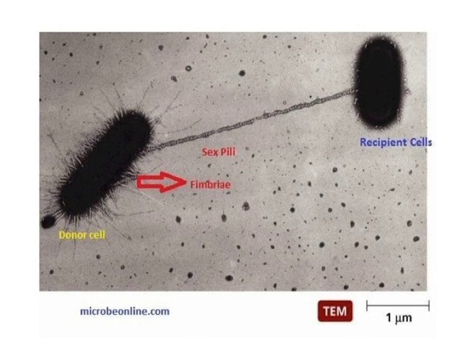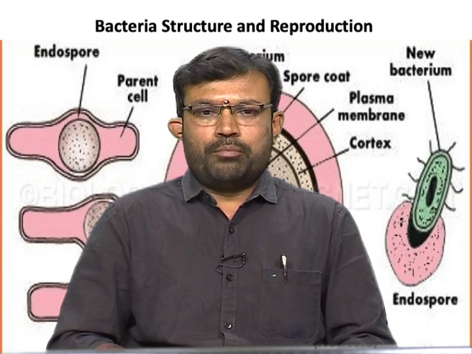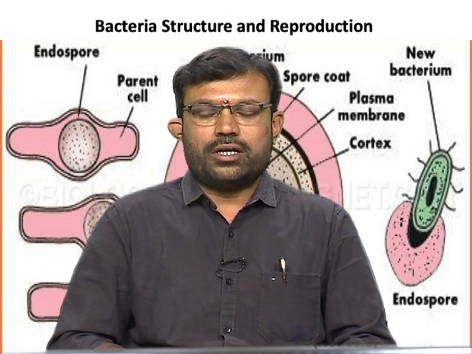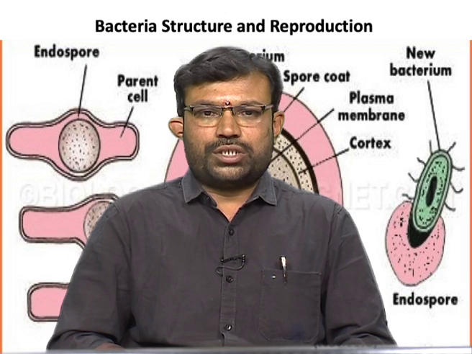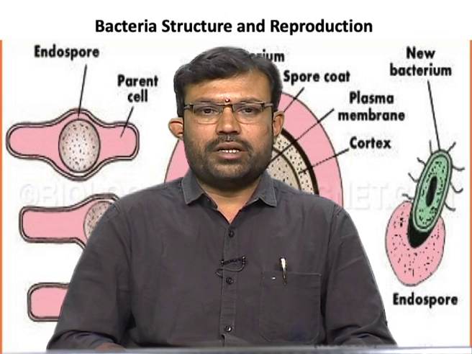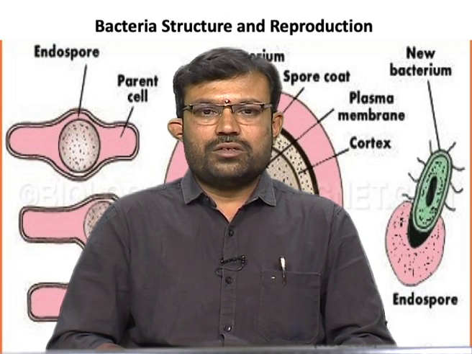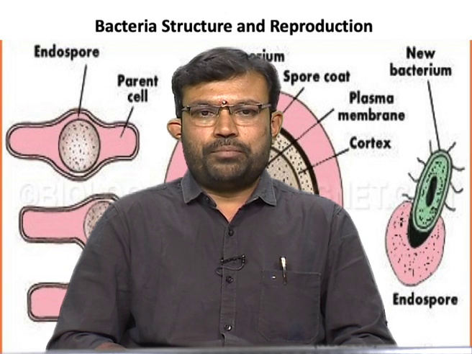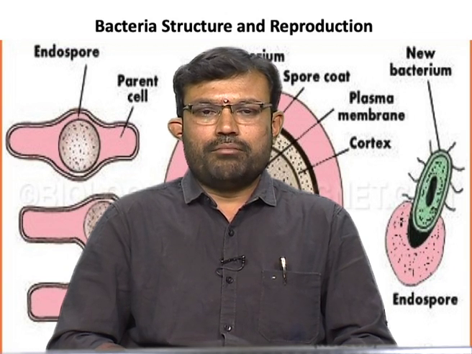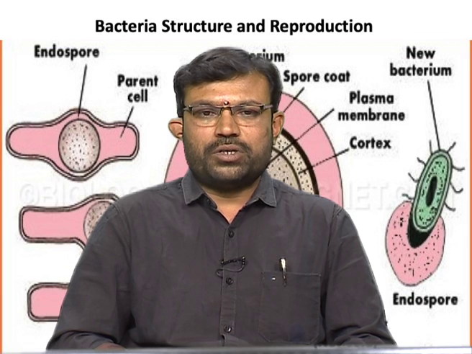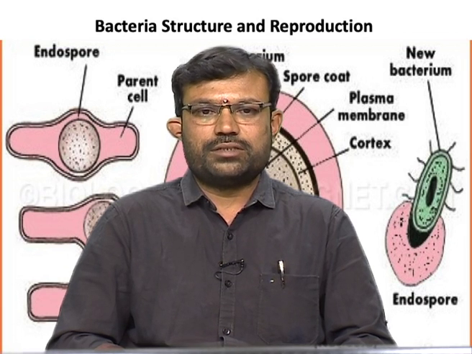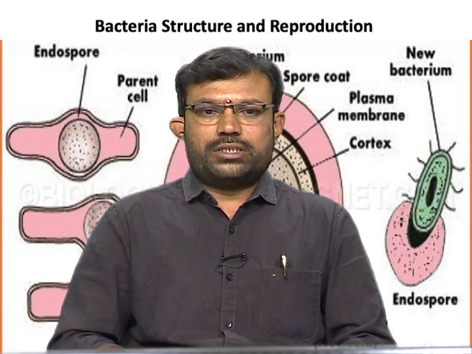On the bacterial cell wall, a number of pili or fimbriae are formed. When compared to flagella, pili are short, straight and rigid in nature. With the help of pili or fimbriae, bacteria attach to solid surfaces. Next, sex pili.